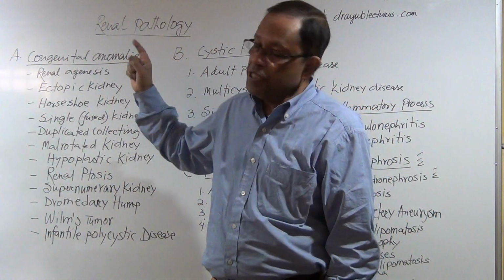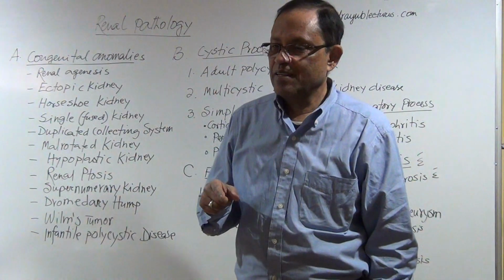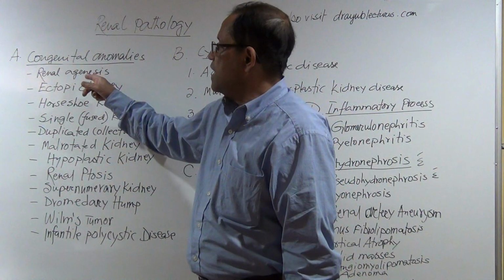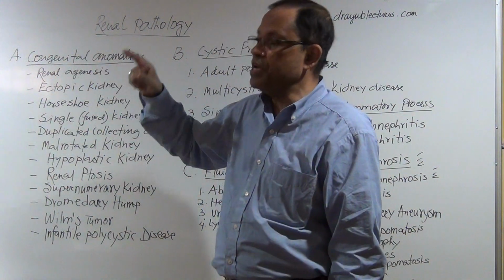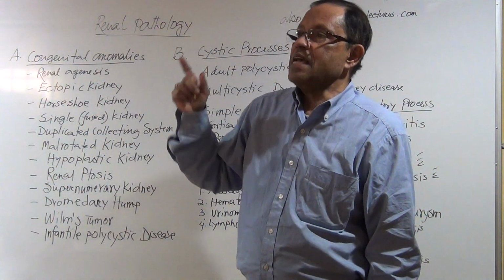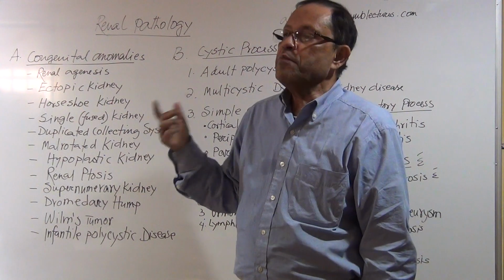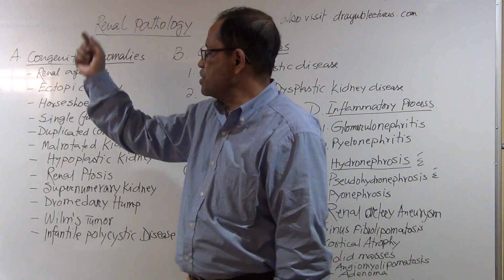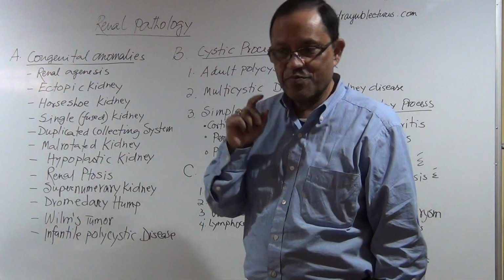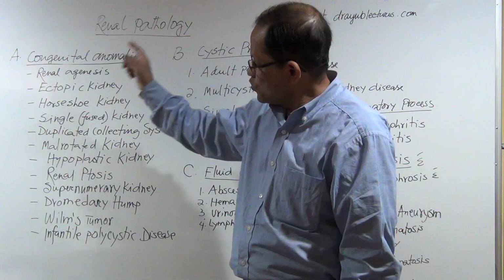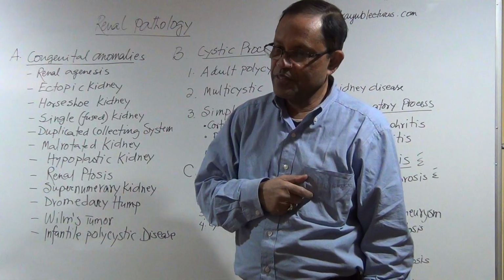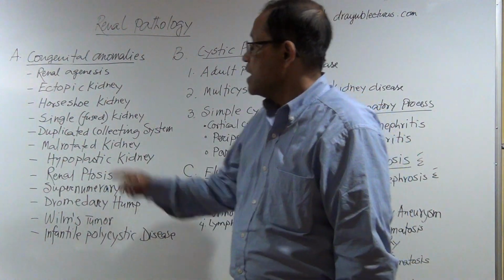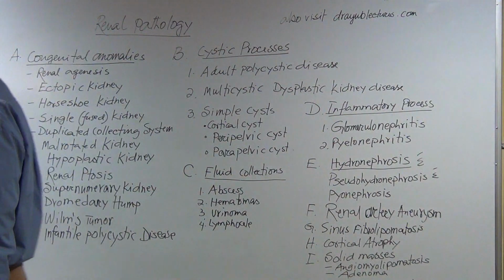But which situation is fatal? Bilateral. Which agenesis, uni or bilateral, is associated with hypoplasia of the lungs? Bilateral. Which one is associated with Potter syndrome? Bilateral. Which one is associated with oligohydramnios? Bilateral.